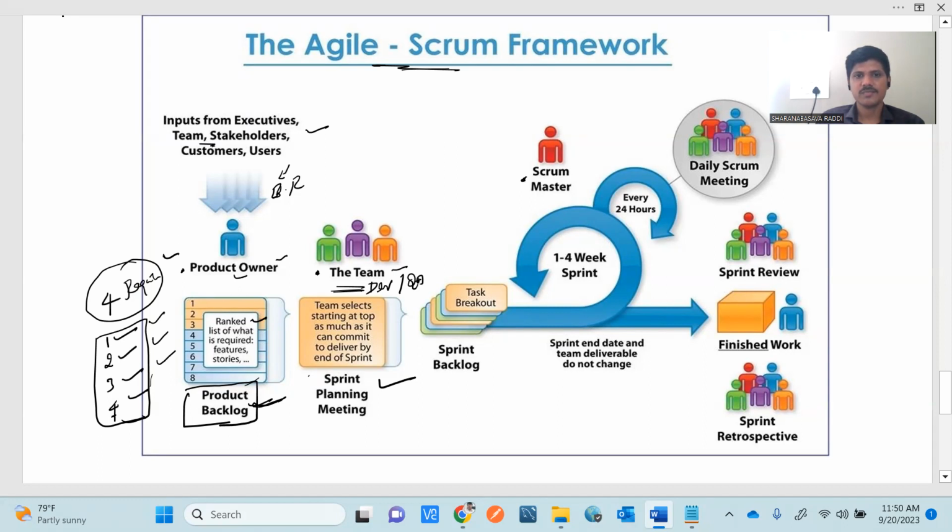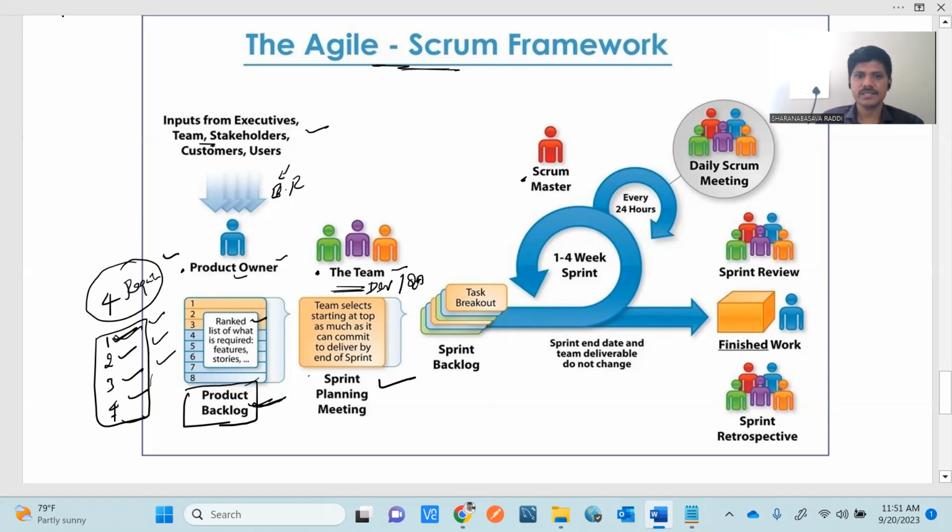Okay, all these people will gather and try to decide which requirement should be implemented first, which means which epic and which story should be developed first.